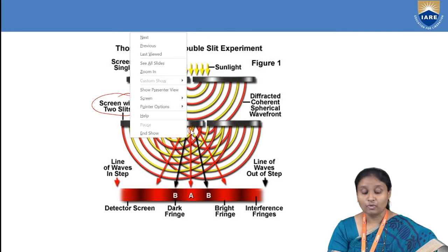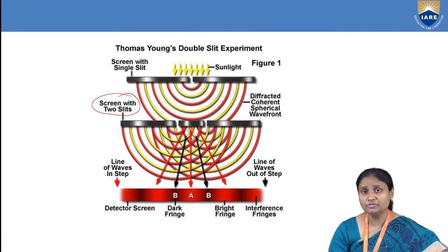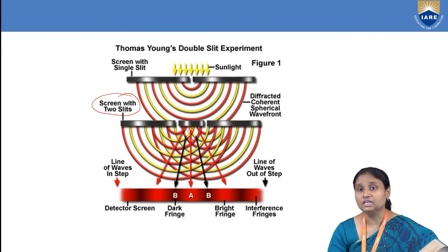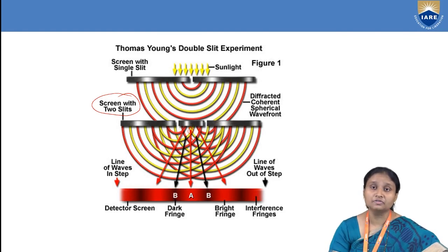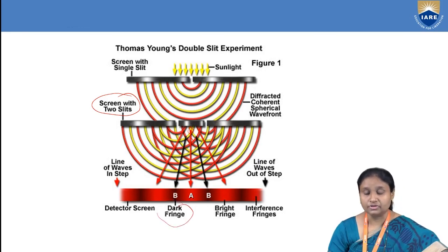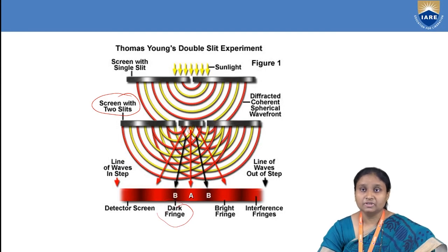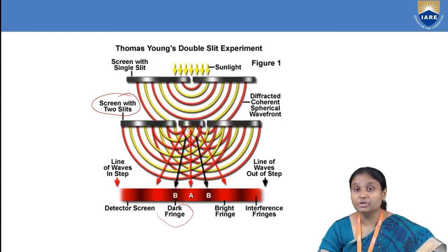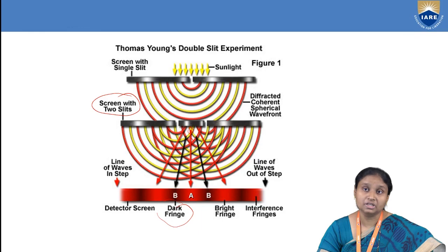So the crest of one wave coming from one slit is falling on the trough of another wave coming from the other slit. Here we will have the difference of their amplitudes, the difference of their intensities, and we'll have minimum intensity, which will give rise to a dark fringe. From this I think we can better understand the overlapping of in-phase waves and out-of-phase waves.